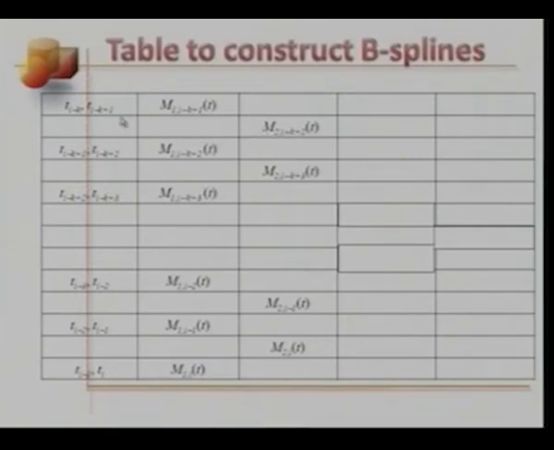If we go back to the first column, we'll have to merge these two knot spans. And the last knot would correspond to the knot on the right of this merged knot span.